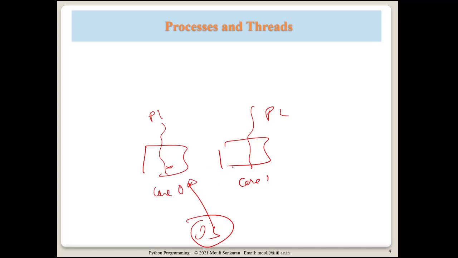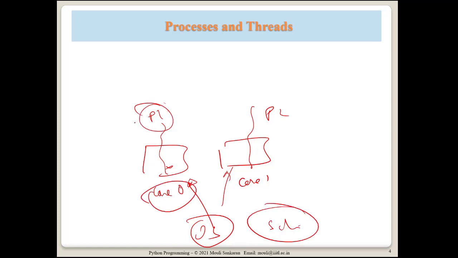But there is a possibility that even the OS code can run on both cores. In that case, whenever the OS has to schedule a process, and if it decides to remove the process which is running on core 0, then it does the same thing that I mentioned on this CPU and copies all the contents into the PCB, which is part of the OS data structure, and brings in some other process from the ready queue, whatever is available.